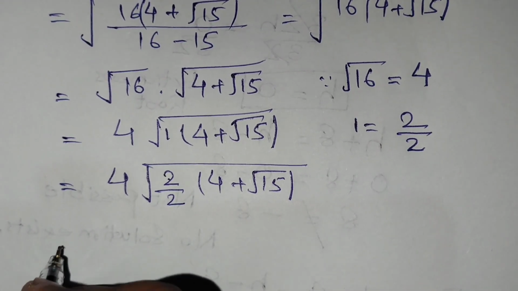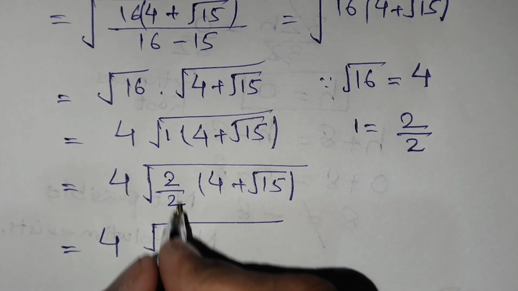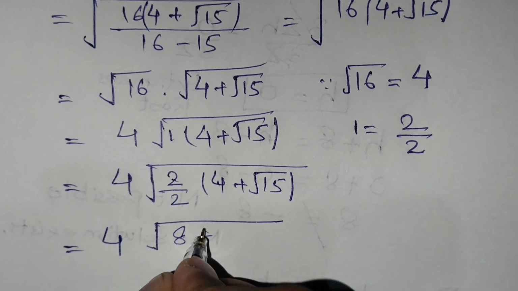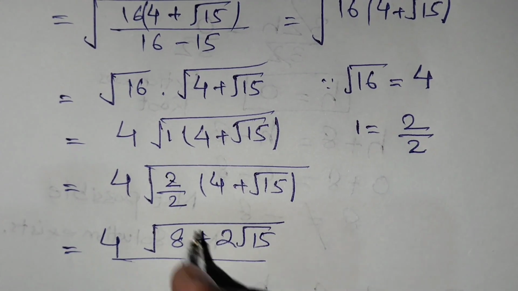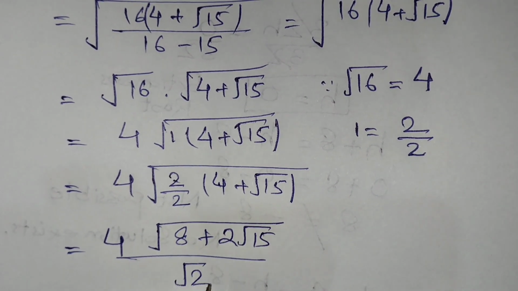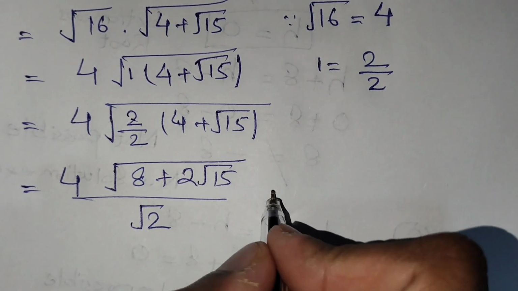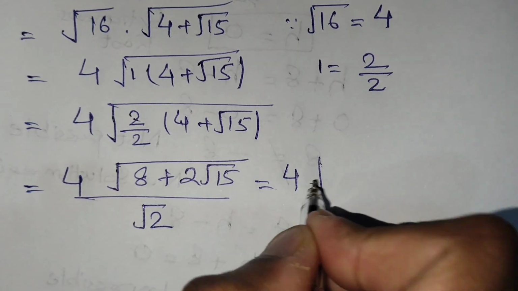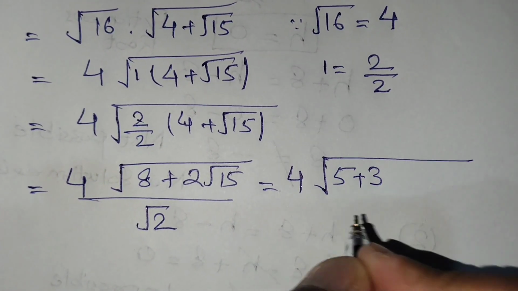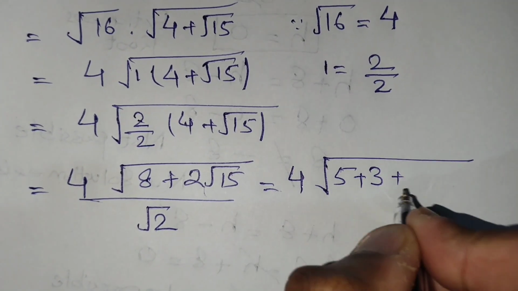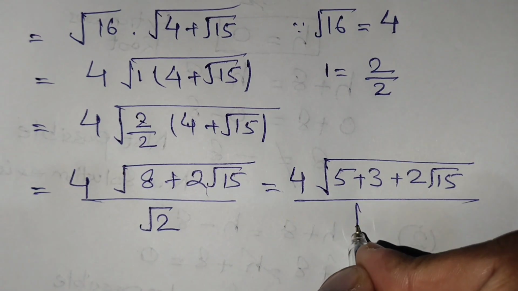Multiply this 2 inside the bracket. 4 square root of 2 into 4 is 8 plus 2 times square root of 15 divided by square root of 2. Now we can write it as 4 times square root of this 8 can be written as 5 plus 3, okay, plus 2 square root of 15 as it is, divided by square root of 2.